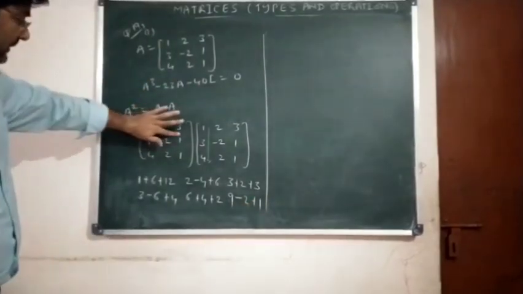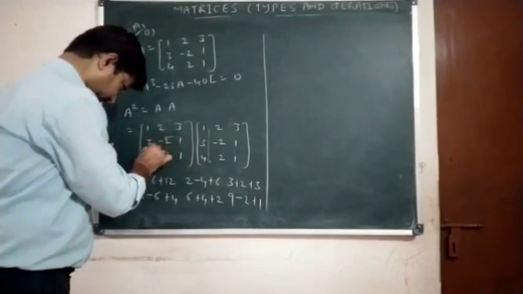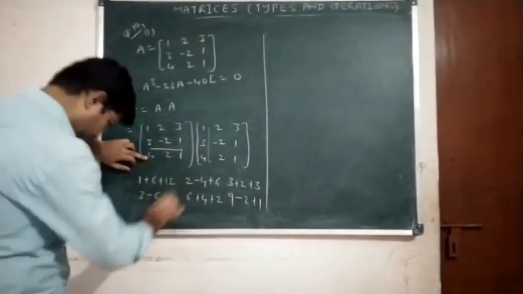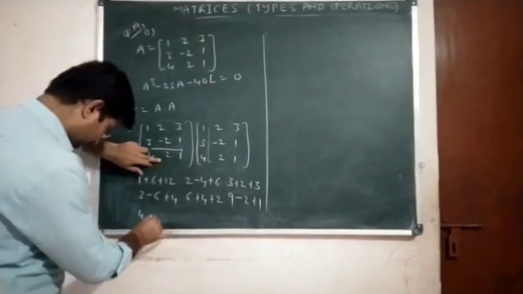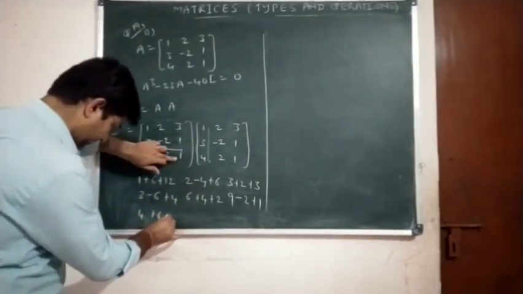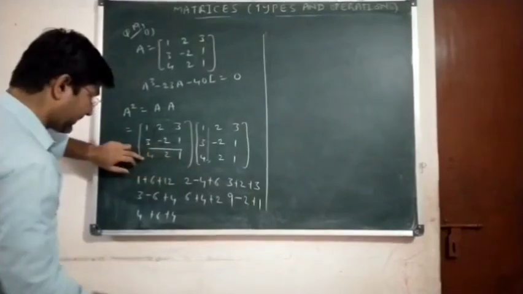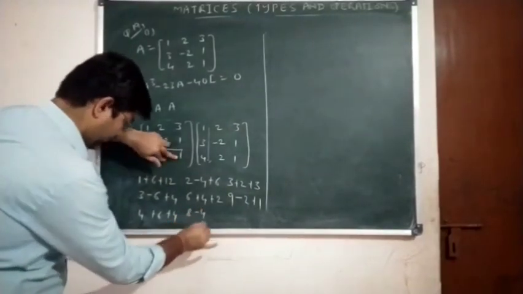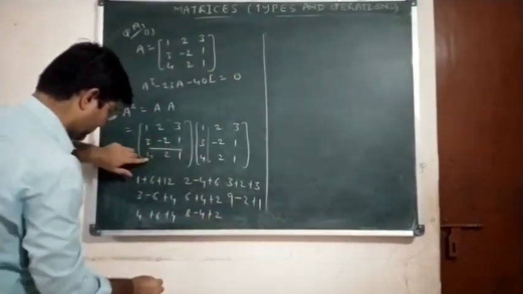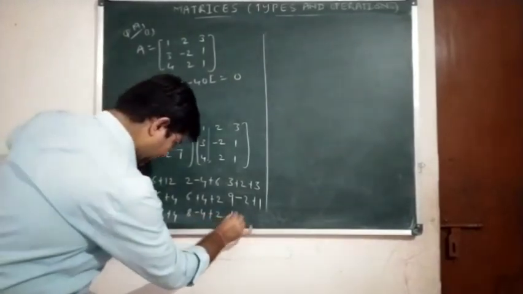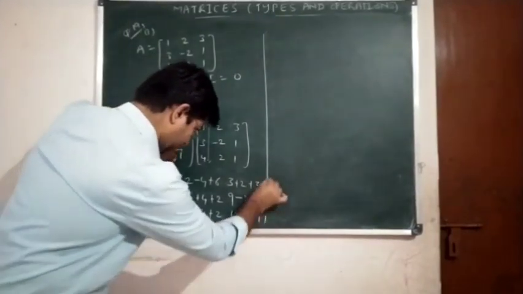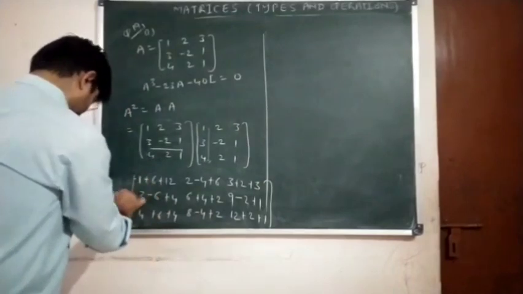Now we will multiply third row with the 3 columns one by one. So 4 1s are 4 plus 3 2s are 6 plus 4 1s are 4. Again 4 2s are 8 minus 2 2s are 4 plus 2 1s are 2. Again 4 3s are 12 plus 2 1s are 2 plus 1 1s are 1.